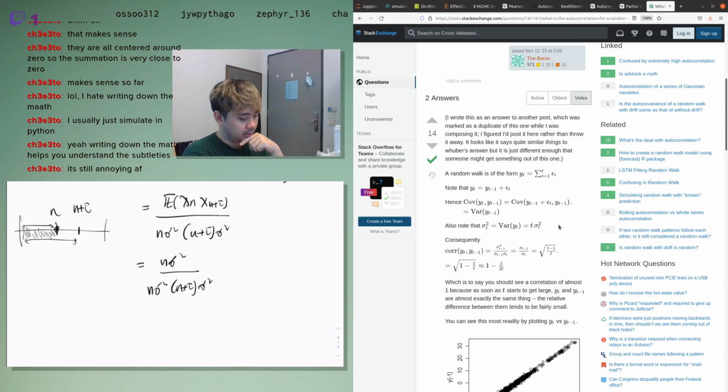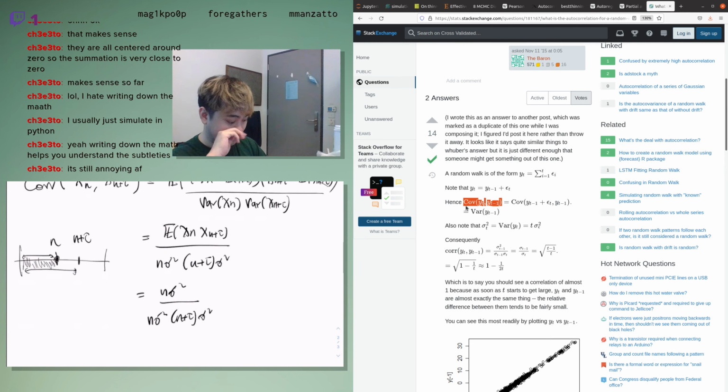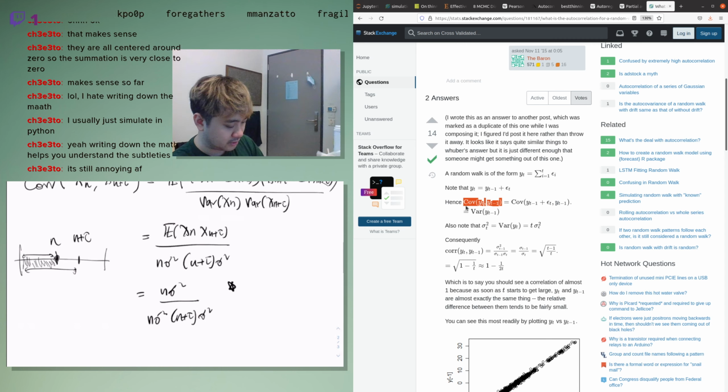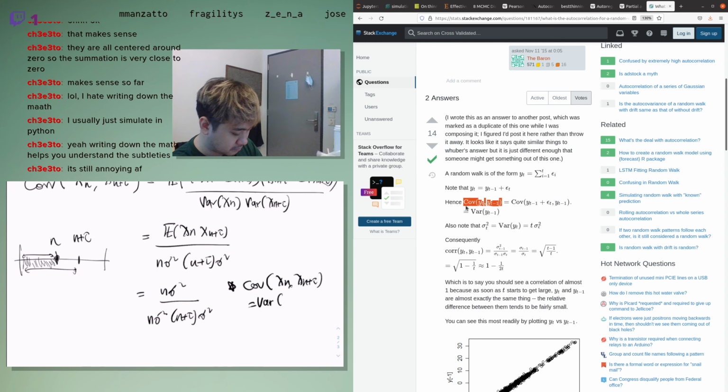1/8. That's not right. This is covariance. Now it makes sense. The covariance is indeed equivalent to the. So this is just a star moment covariance. And this makes sense because the rest of the terms are uncorrelated.